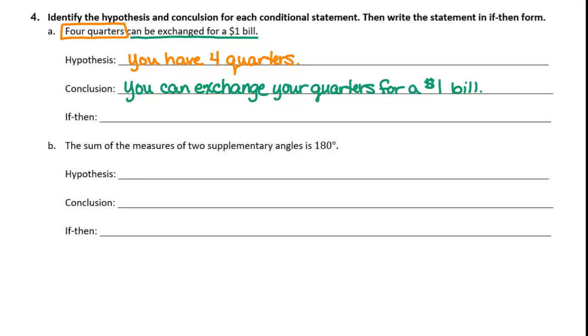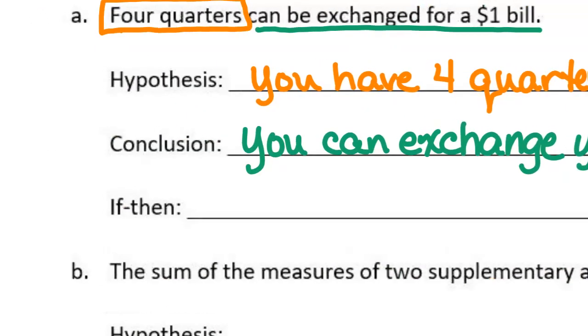So then my if-then statement, so now I'm going to write it with the words if and then. I'm going to write if and my hypothesis and then a comma and then and my conclusion.